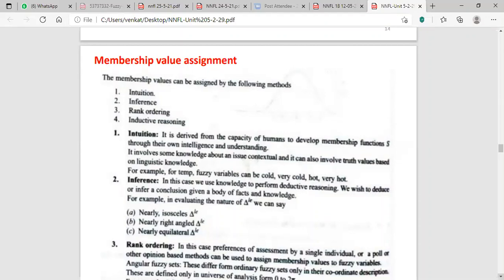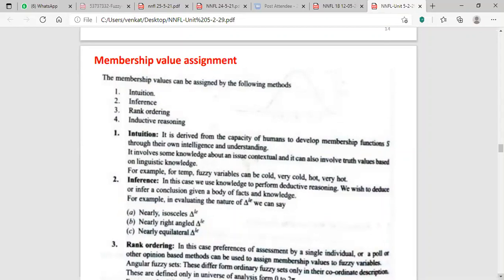So you are able to develop the membership function with human intelligence and understanding. That is indicating your intuition.